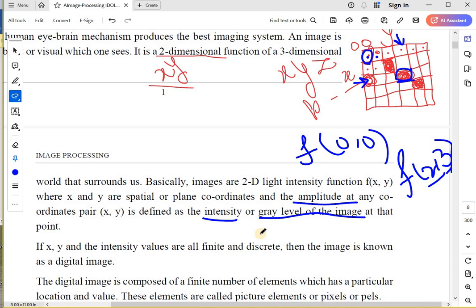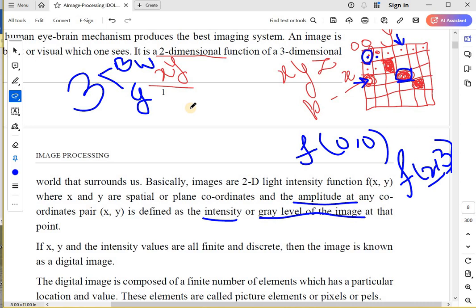Now please understand that you are going to deal with three types of images. The very first type is black and white. In this, only 0 and 1 are used to represent. The second type of image is a grayscale image. What is a grayscale image?